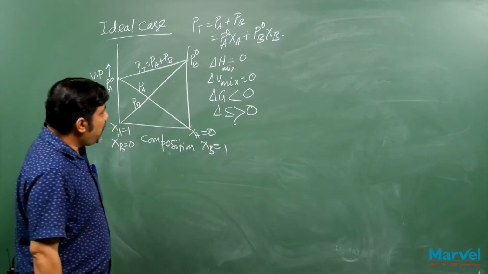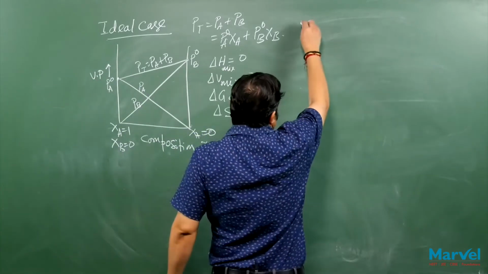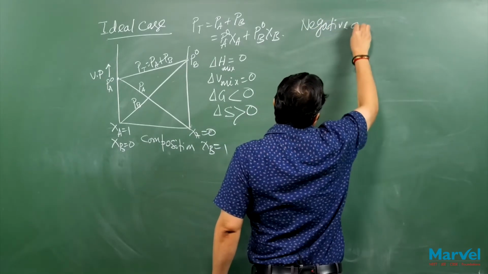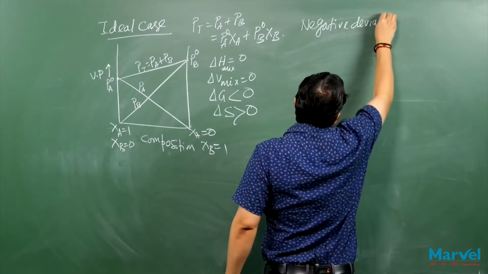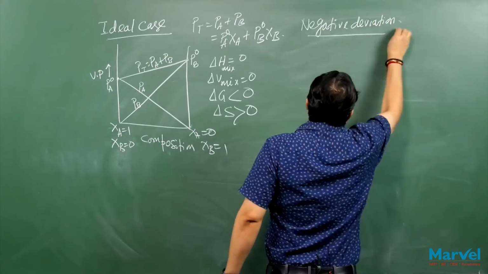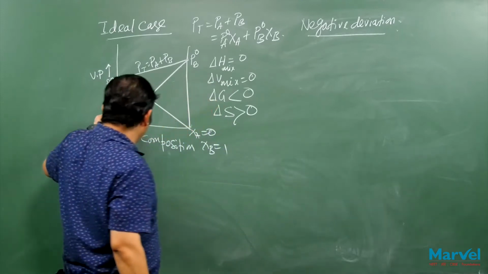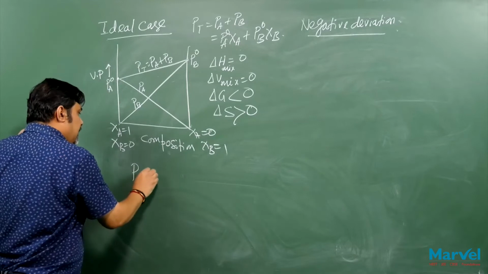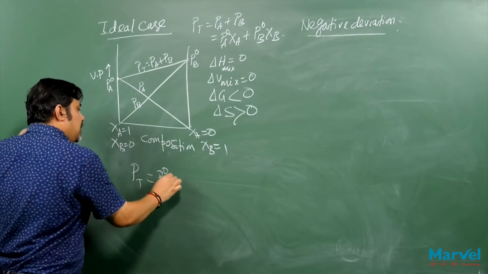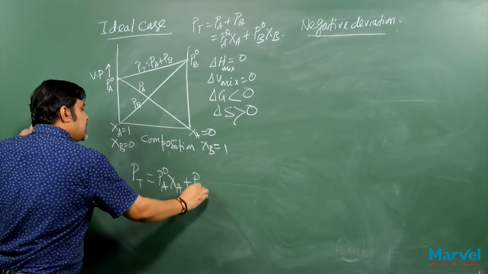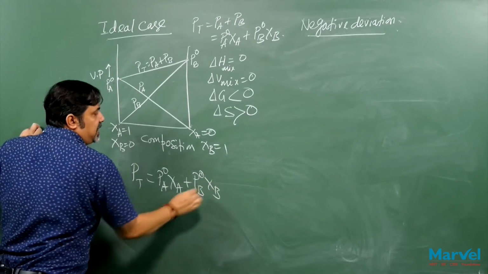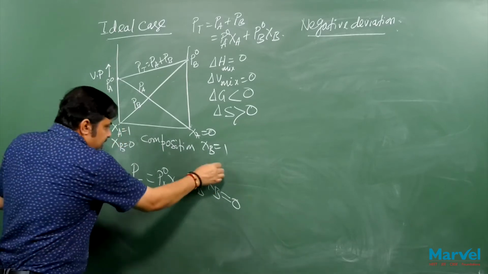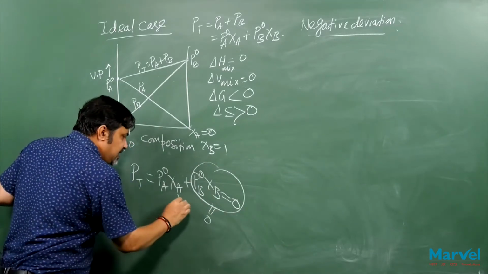Now for the negative deviations, what will happen, my dear? You can look at it here itself. We already know P total equals PA naught into mole fraction of A plus PB naught into mole fraction of B. Here the mole fraction of B is 0, so this entire part will be 0, and this is 1.